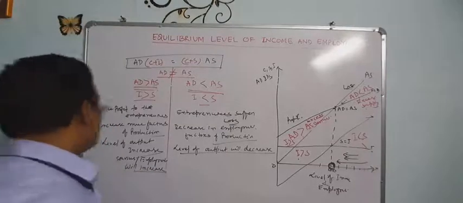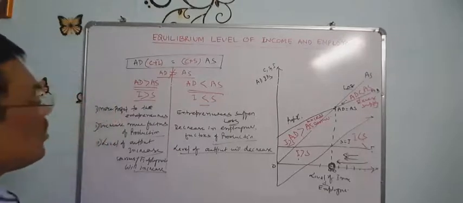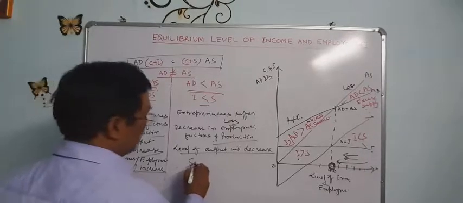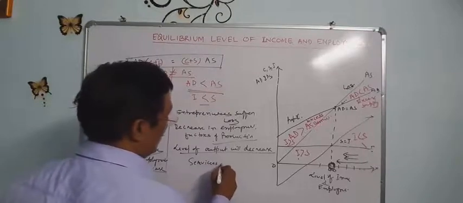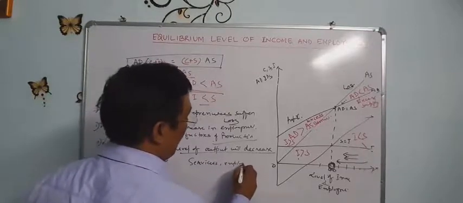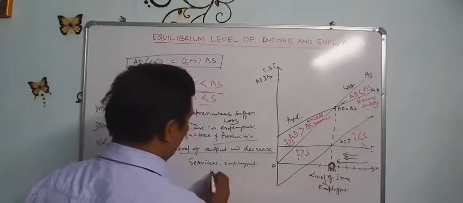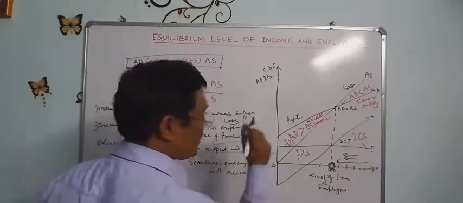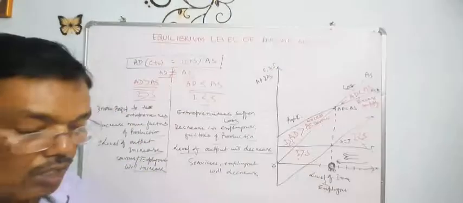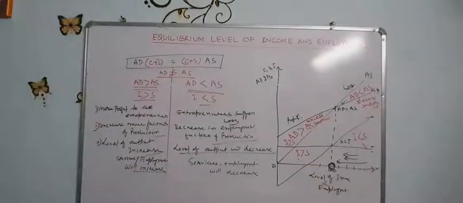Level of output increases, services and employment will also increase. Here services and employment will decrease to reach this equilibrium position, where aggregate demand equals aggregate supply.